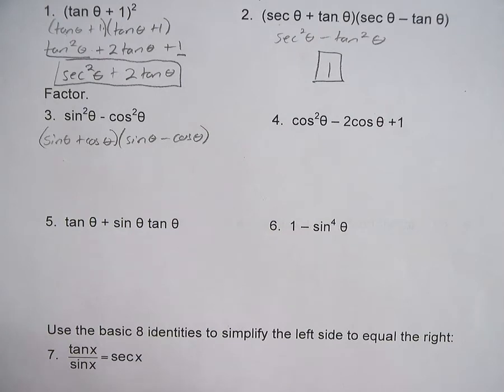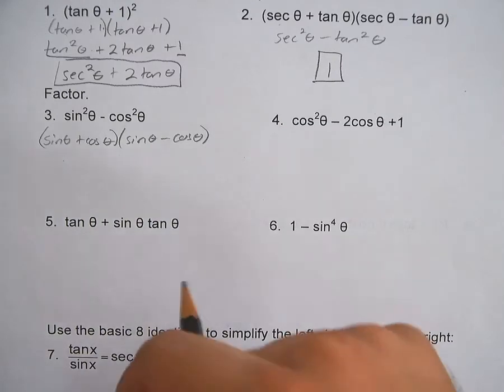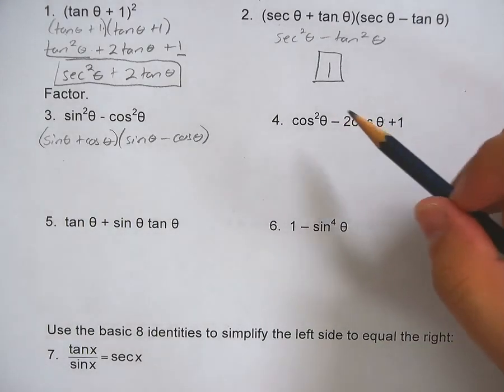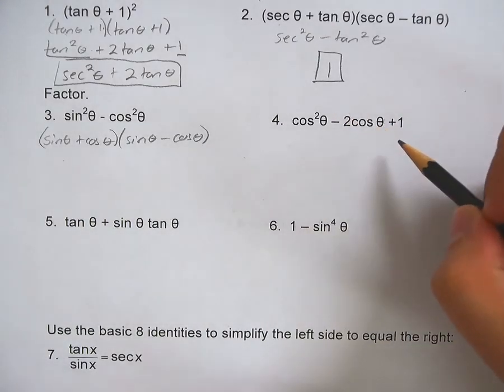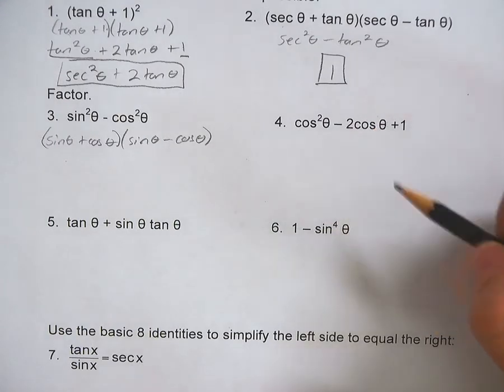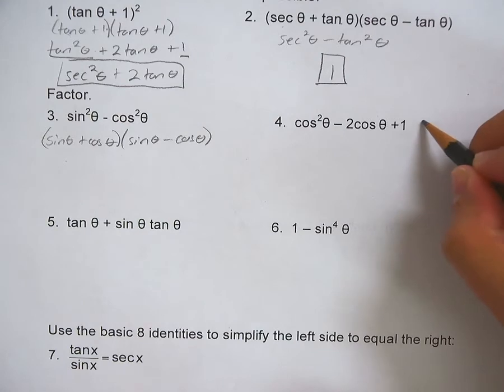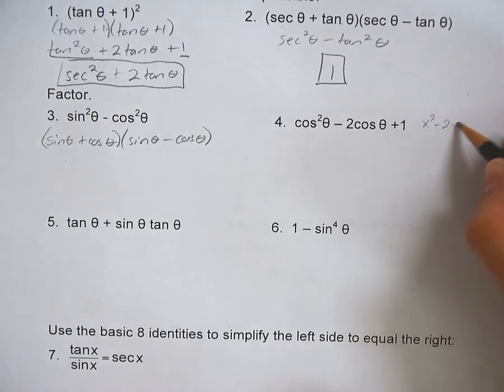Okay, on number 4, I want to reword this, because when we get to factoring trig functions, a lot of people kind of go haywire on it. For number 4 rather, cosine squared theta minus 2 cosine theta plus 1. If cosine theta was x, wouldn't this just be x squared minus 2x plus 1?